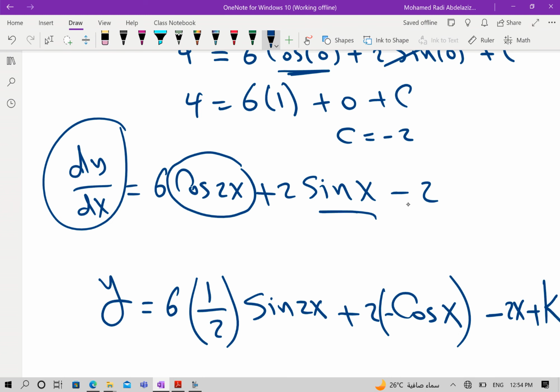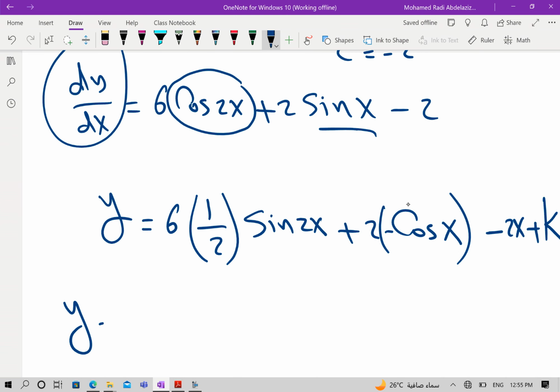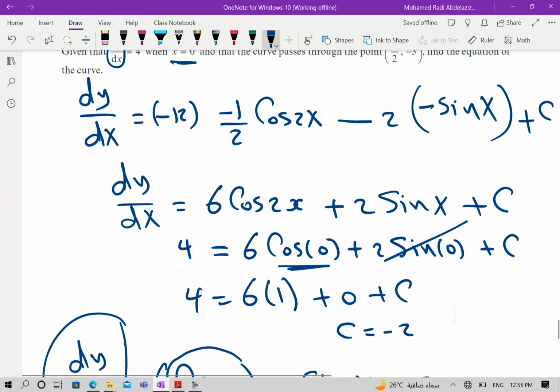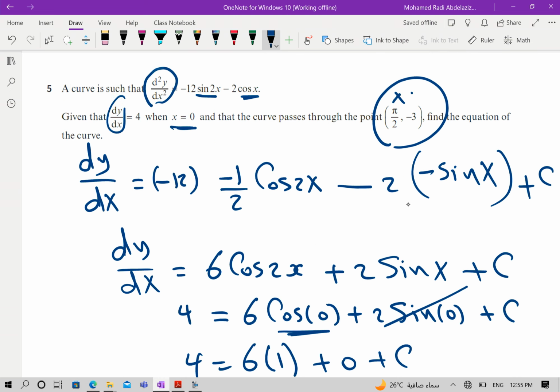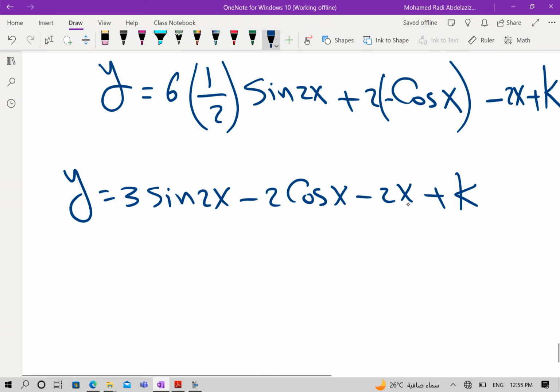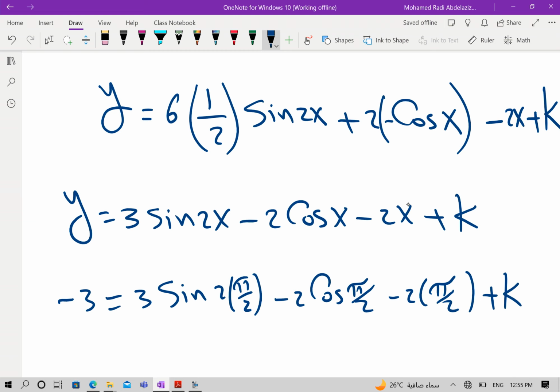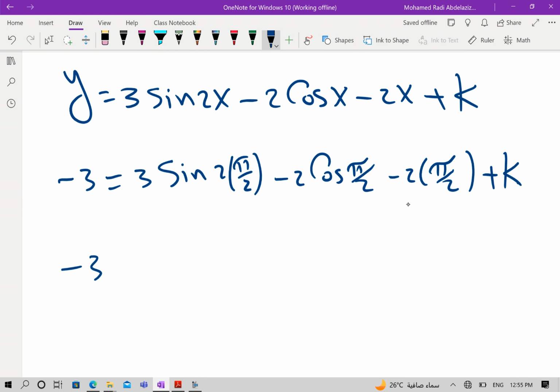Now, you can simplify. y equals 6 times half is 3 sine 2x minus 2 cosine x minus 2x plus k. It's given here a point on the curve. This is x and this is y. Remove y and write negative 3. x is 5 pi over 2. Simplify, negative 3 is 3 times sine pi, cancel 2 with 2.